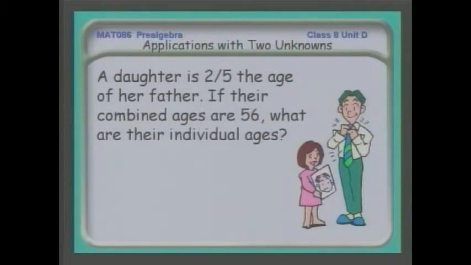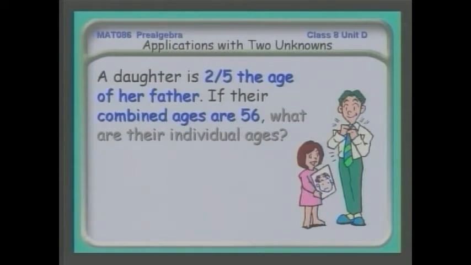For example, these are problems that I really like, and they're very typical of these problems in two unknowns. A daughter is 2/5 the age of her father. If their combined ages is 56, what are their individual ages? Let's look for the information. A daughter is 2/5 the age of the father.